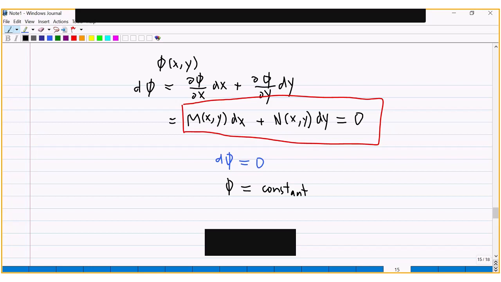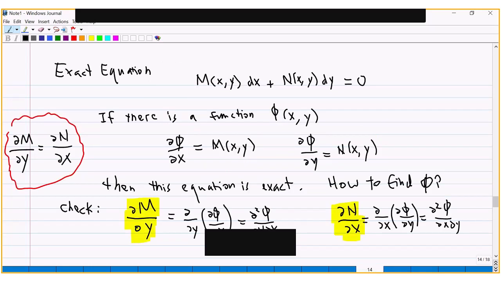So let's check again. How do you know the function is exact? First of all, if this is exact, there is a function whose partial differentiation with respect to x gives M, and partial differentiation with respect to y gives N. How do you know that they are exact? You differentiate M with respect to y, differentiate N with respect to x, and see whether they're equal or not. Because if they are equal, then they are exact.